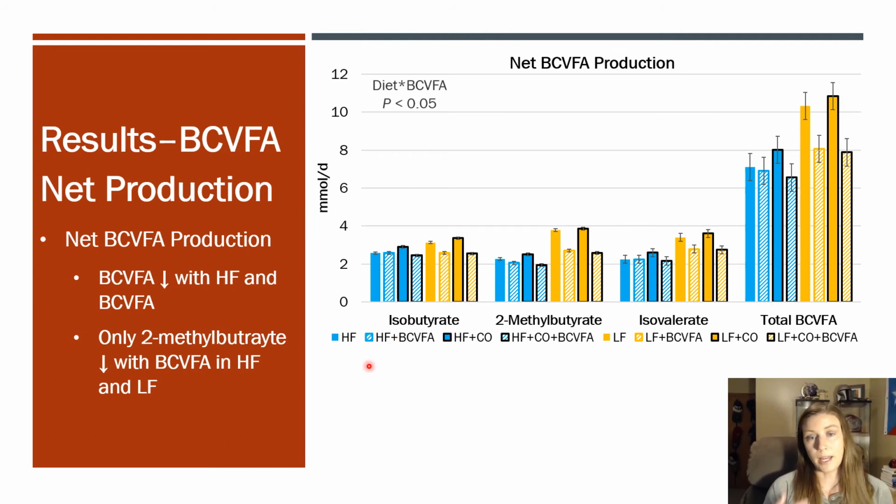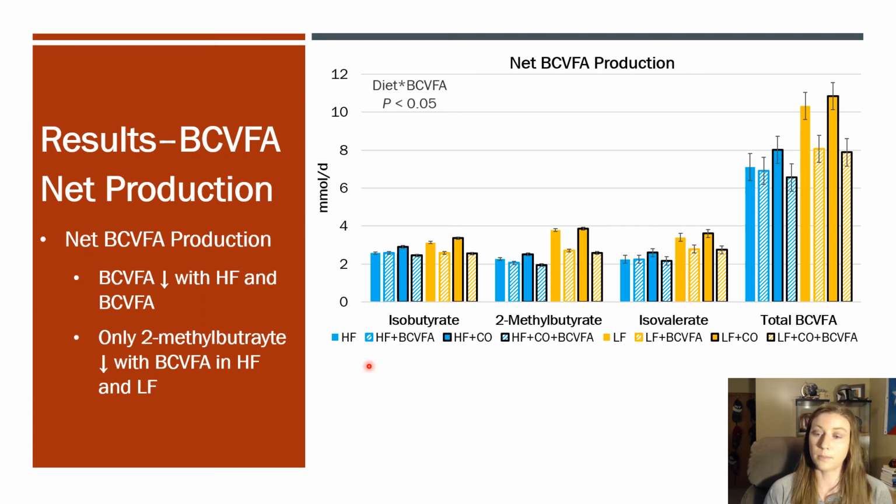Across all of these, we had a significant interaction of diet and branched chain volatile fatty acids, where branched chain VFA did decrease the net production of branched chain volatile fatty acid. Therefore, saying if we supplied it, they did use it. But we also had a decrease in branched chain volatile fatty acids in the high forage compared to the low forage. Now, we did have a higher RDP in the low forage diet.